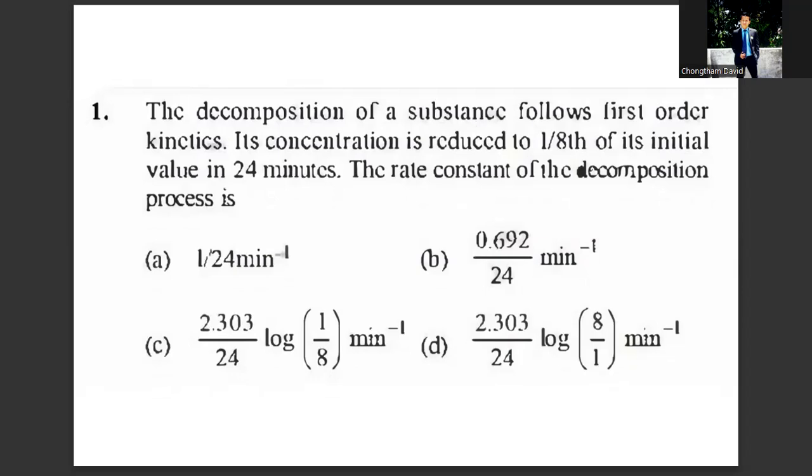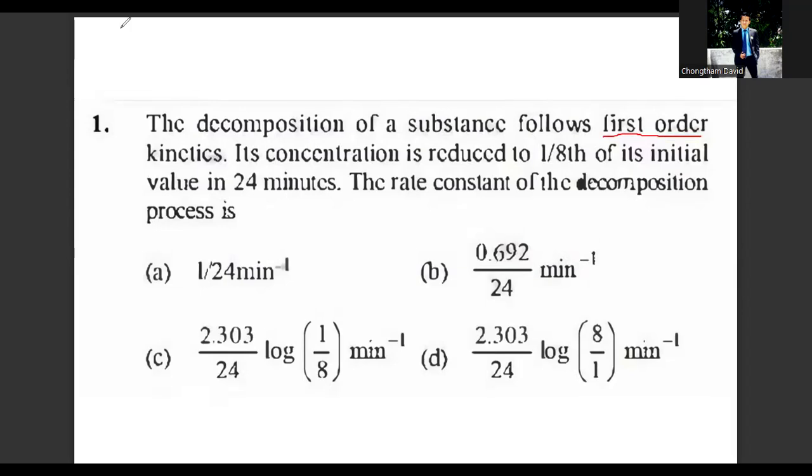Since this particular reaction follows first order kinetics, let us recall what we have learned in the theory. The rate constant for first order kinetics is given by the integrated equation which we have derived: 2.303 divided by time, log of initial concentration by final concentration.